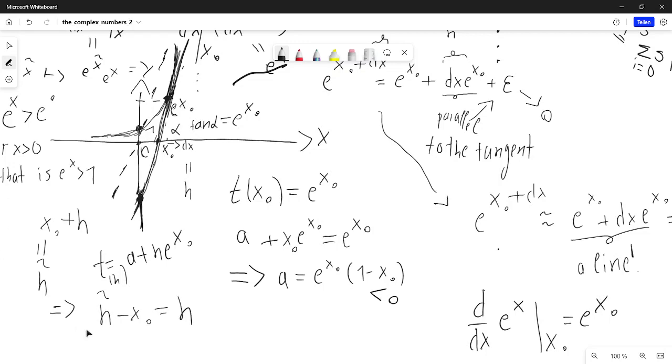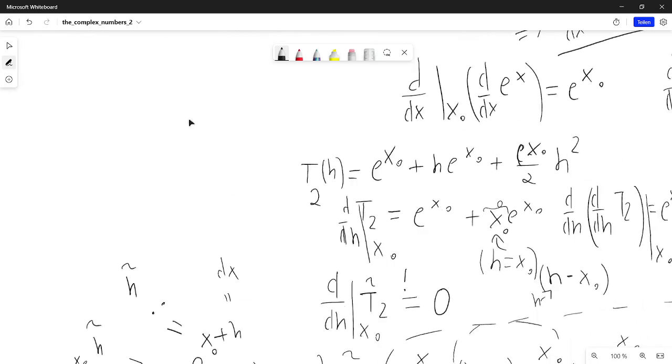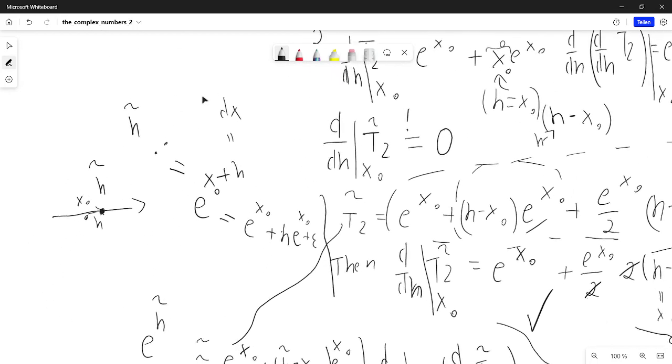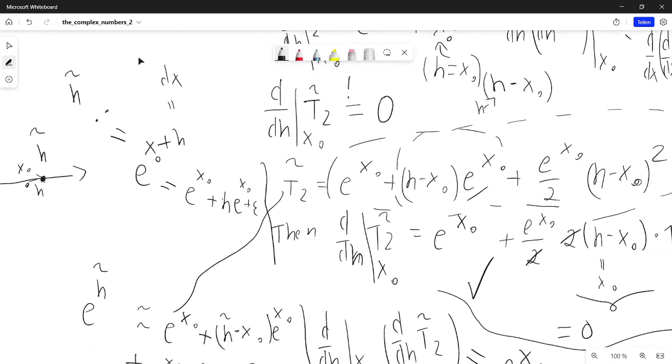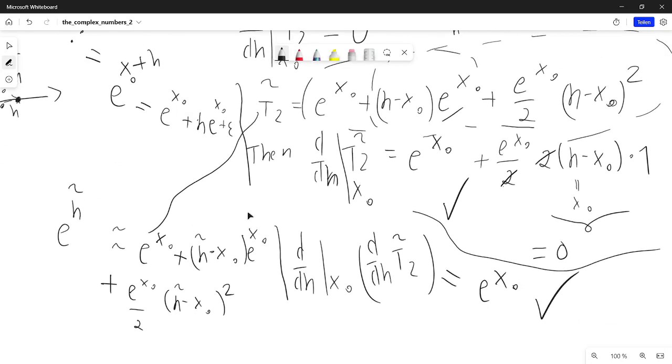So if we have such notation, then we definitely have that this corresponds to h, and then we have our approximation, right? And this corresponds to h. So this is a quadratic function, right?